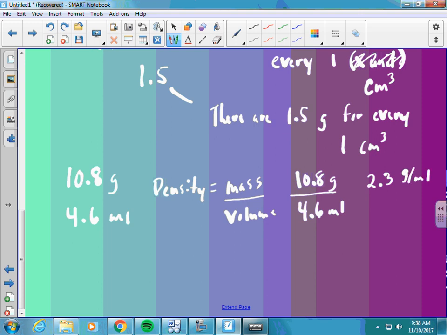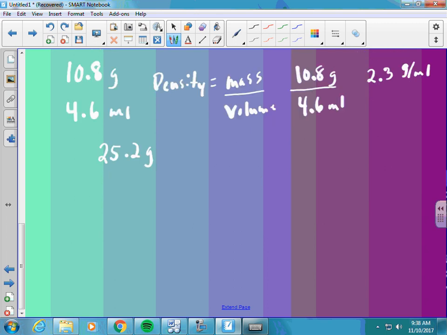All right. And for substance D there, we had a mass of 25.2 grams, and we had a volume of 75.3 cubic centimeters.